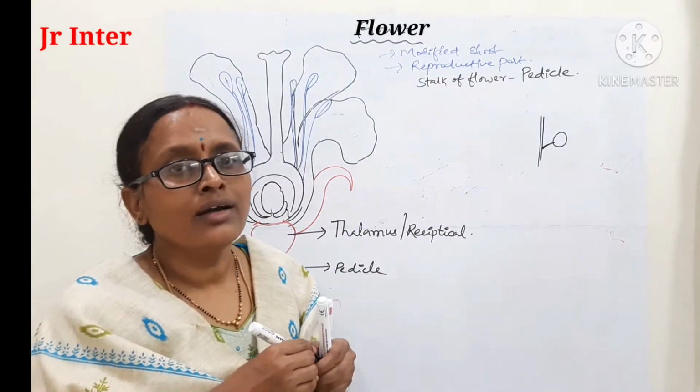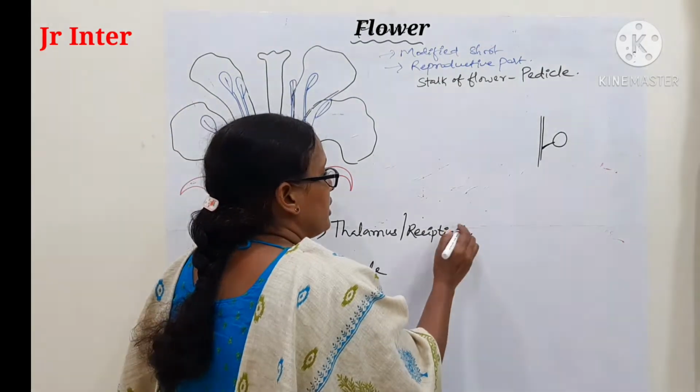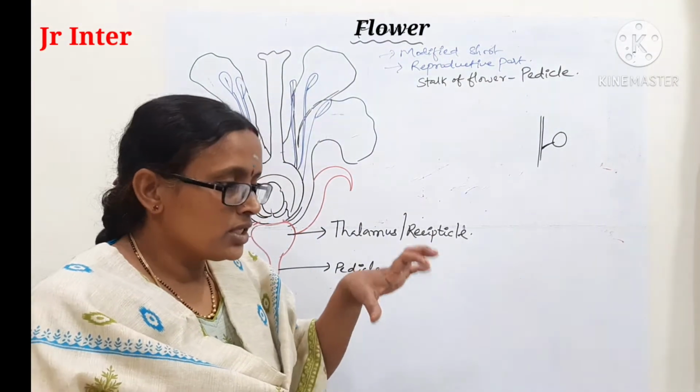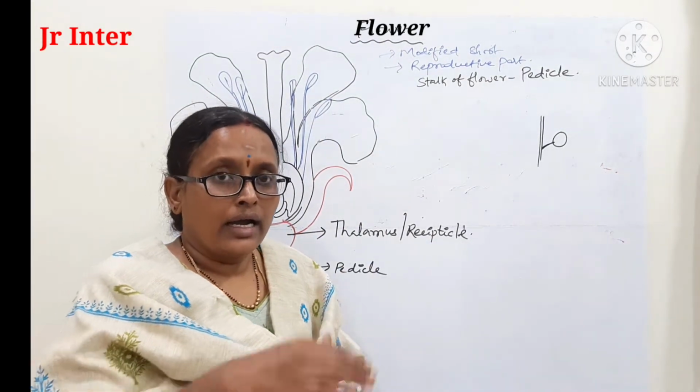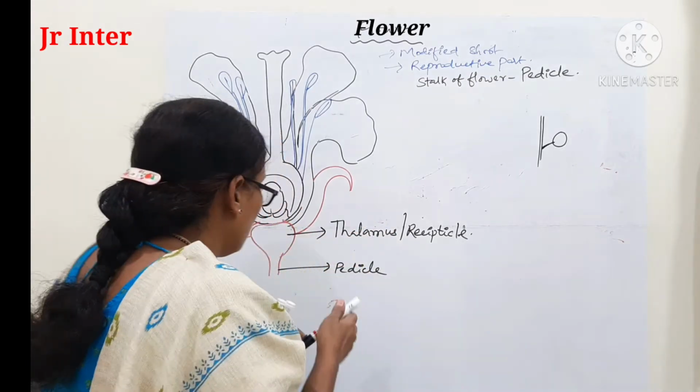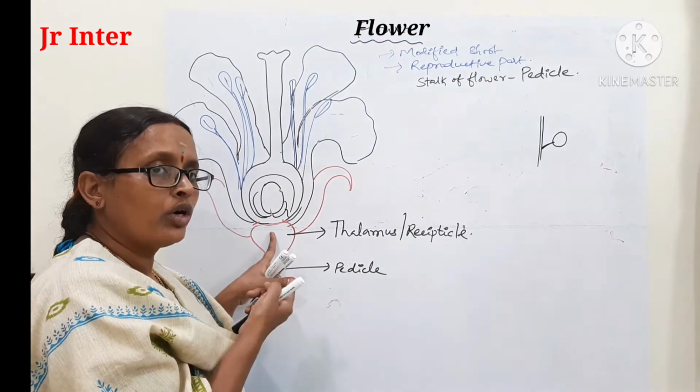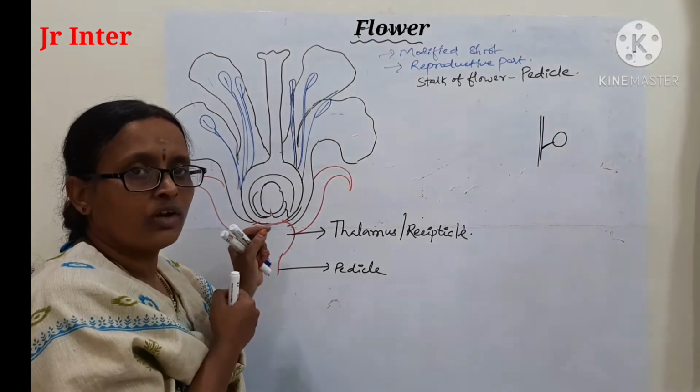So the inflorescence shoot is modified to form the flower.